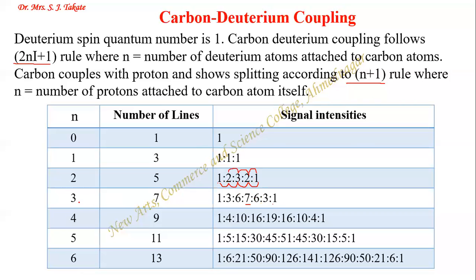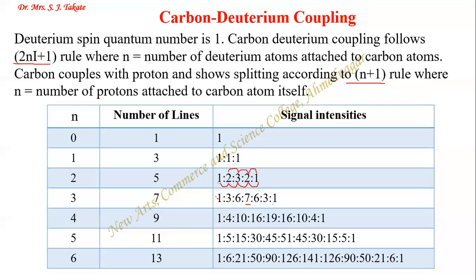Now I will check the next signal with four deuterium atoms. There are 9 lines in the carbon spectrum. Look at this. The first is 1 as it is. 1 plus 3 is 4. 1 plus 3 plus 6 is 10.